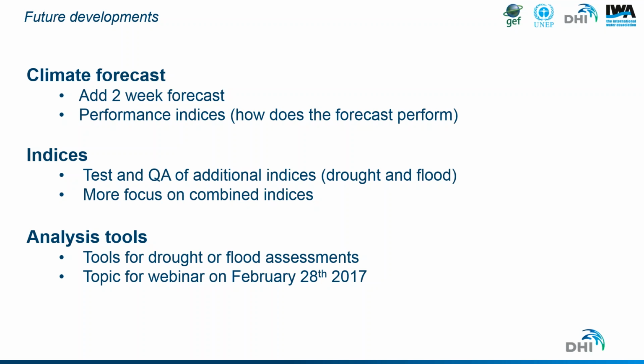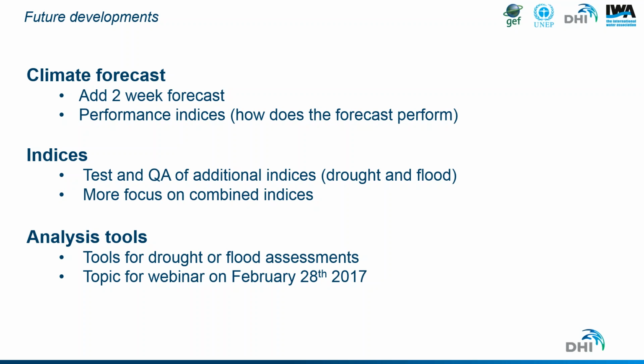Then we are also looking at evaluating different types of indices, so we will add other indices as we move along, and we will also have more focus on using combined indices where we combine a number of different data sources into one index, which can be used for drought or flood assessments.